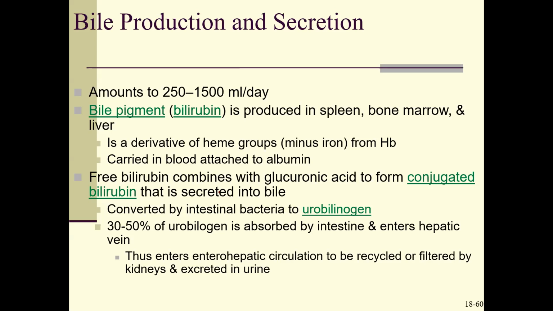Now, what if your liver is having trouble processing bilirubin? If it gets overloaded and it can't put enough of this bilirubin into the conjugated form, that bilirubin is going to spill over into the bloodstream, and it starts to get deposited in tissues.